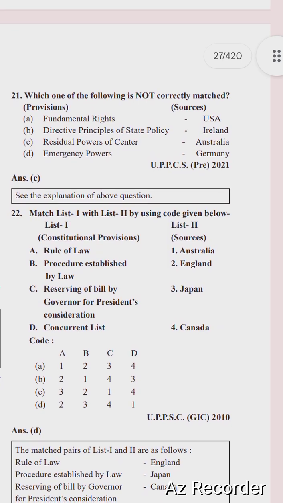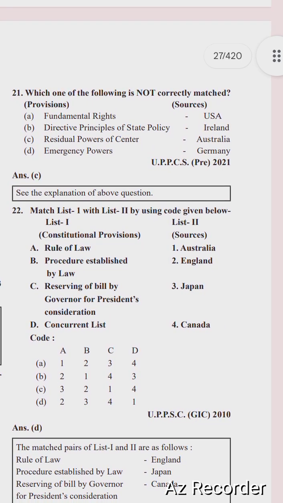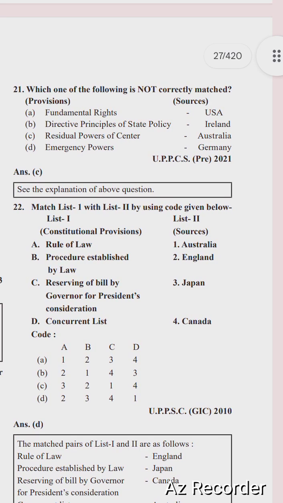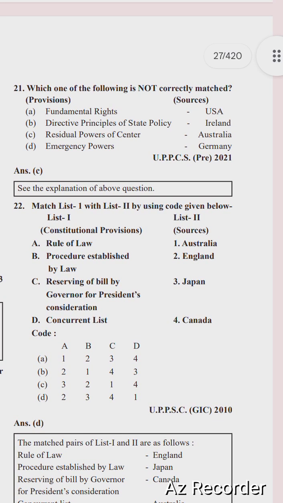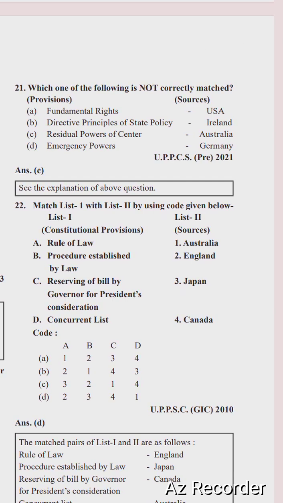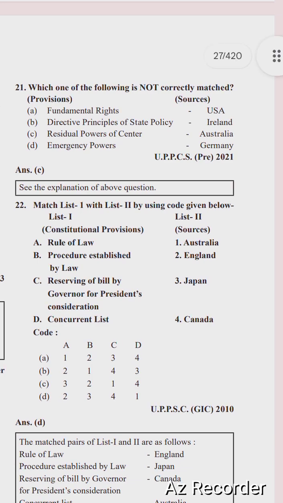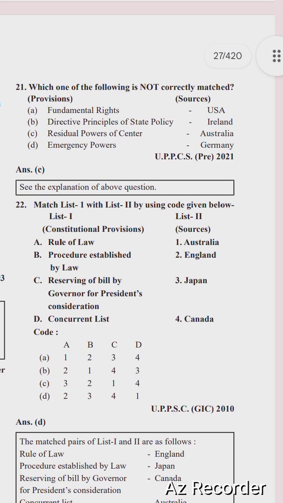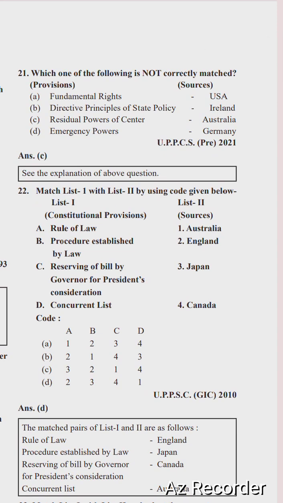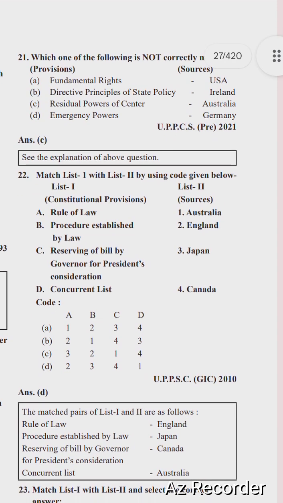So the next question is, which one of the following is not correctly matched? Provision and source: fundamental rights, USA; directive principle of state policy, Ireland; residual powers of the Centre, Australia; emergency powers, Germany. The right option is option C. Residual powers of the Centre being related to Australia is wrong. Fundamental rights are related to the USA, directive principles to Ireland, and emergency powers to Germany.